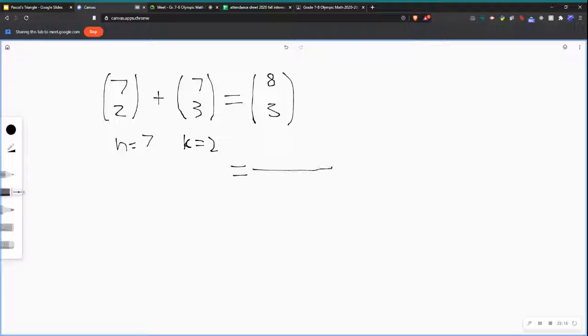And then we could try to solve for that right here. So we have 8 factorial divided by 3 factorial times 8 minus 3, which gives you 5 factorial.